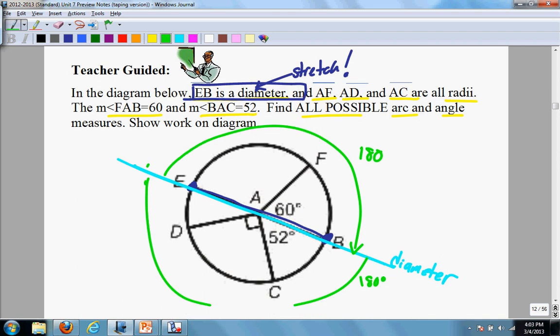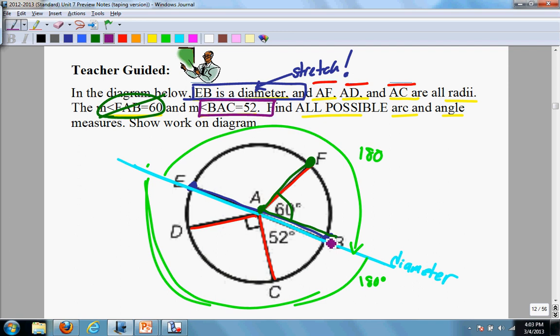So just get in the habit of stretching out diameters. There's AF, AD, and AC are all radii. Next, FAB is 60, so we go F, A, B is 60, which we have. Cross it out. BAC is 52, so BAC is 52. Trace and sweep.